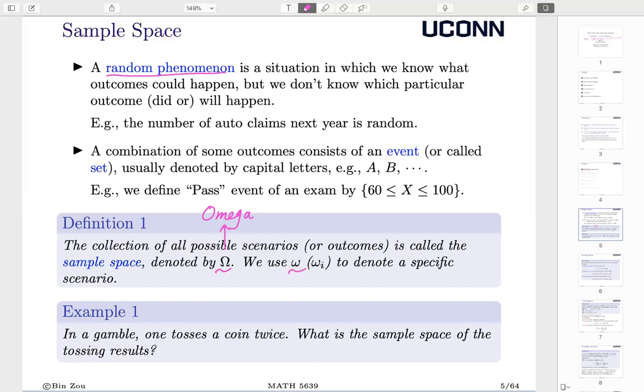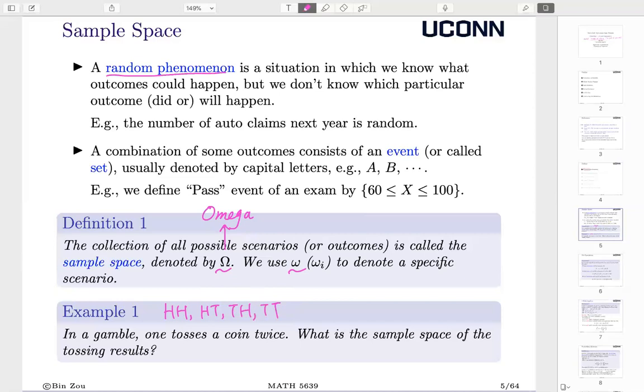So let's look at an example. I like to use examples to illustrate some abstract definitions. In a gamble, one tosses a coin twice. Assuming the coin has two faces, head and tail, what is the sample space of the tossing result? You have two tosses, so it can be head-head, head-tail, tail-head, tail-tail.